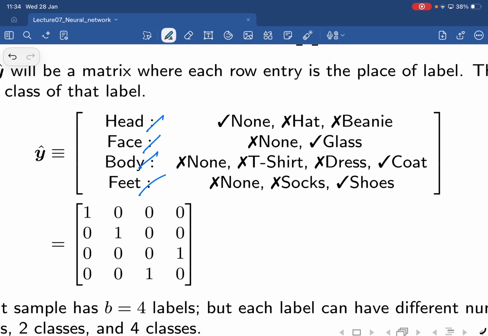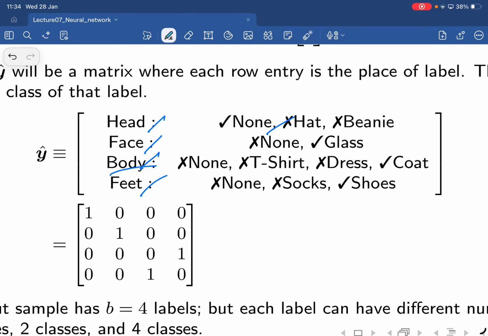Are they wearing nothing, or are they wearing a hat? Or on the face, are they wearing glasses, or maybe earrings, or nothing? On the body, are they wearing a t-shirt, dress, or coat? And on the feet, of course, are they wearing shoes, socks? Just know that this means you have multiple places.